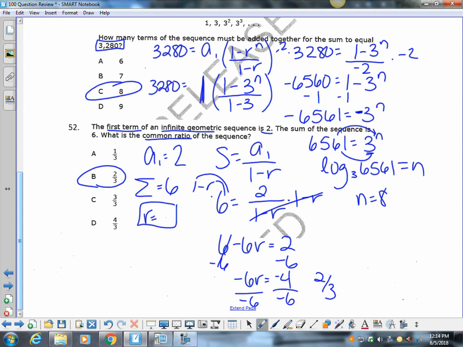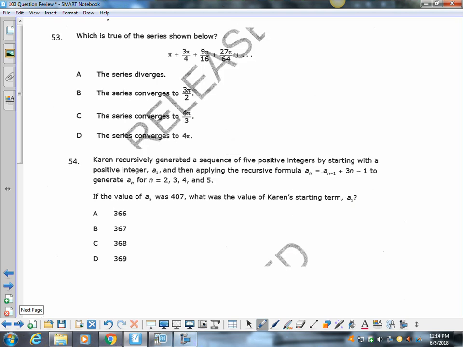Okay, now we're headed to 53. It says what's true. Let's see. I'm multiplying by 3/4. So my R is 3/4. It is infinite.